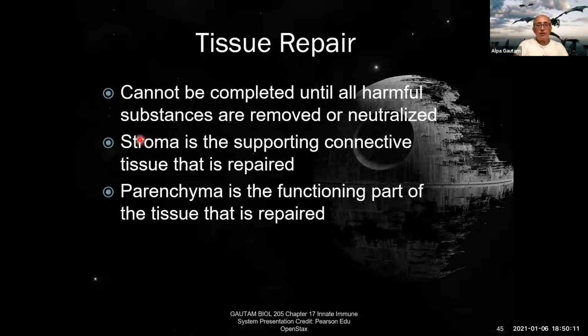So what happens is, at the very first, once you have damage to tissue, you have clearance of the debris, clearance of the pathogens. Once that's done, then you have a creation of something called stroma. So this is connective tissue that starts forming fibers, connective tissue fibers, reticular fibers, elastin fibers, and so forth.